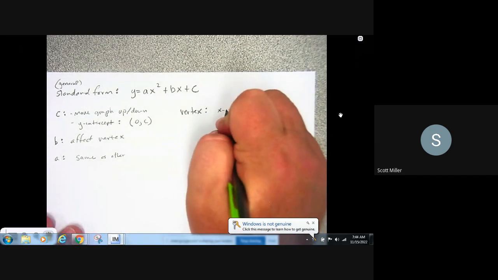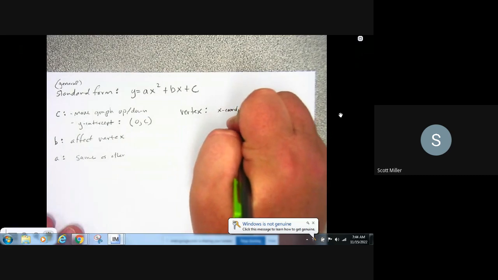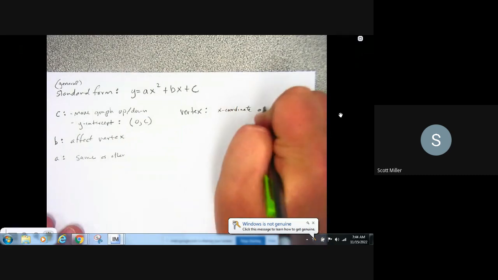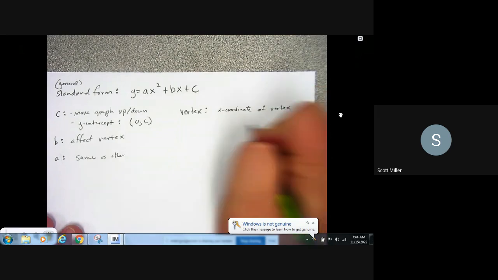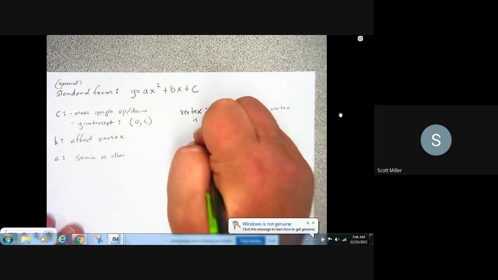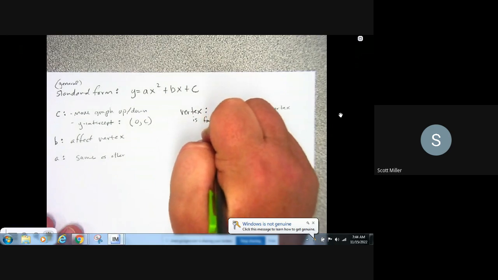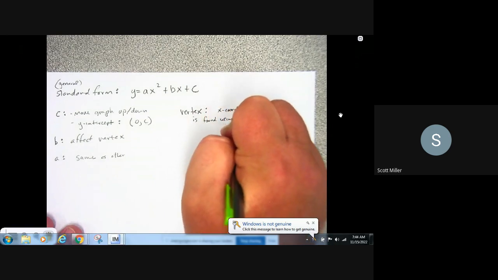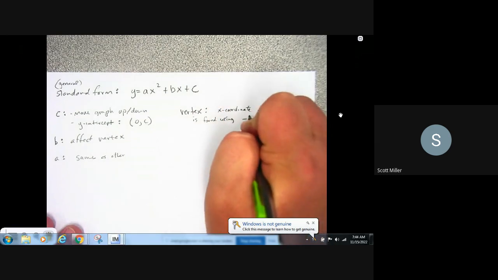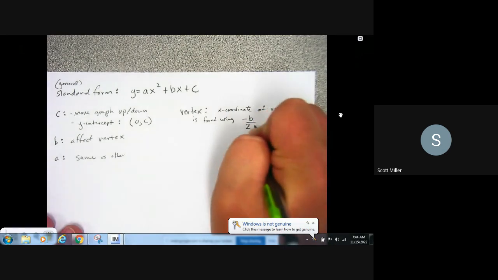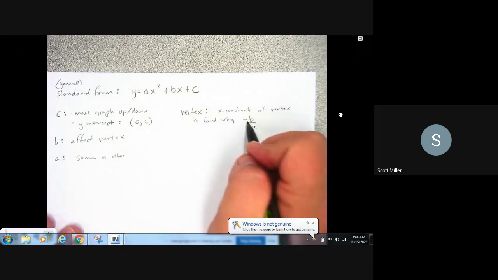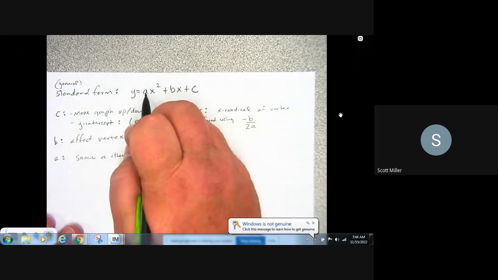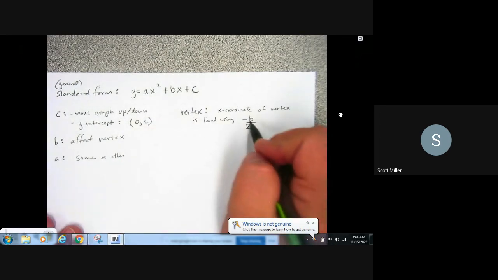The x-coordinate of the vertex is found using this little formula, negative b divided by 2a. So whatever b is, you're going to put a negative in front of it, and 2 times a. So you see how b and a both affect the vertex.